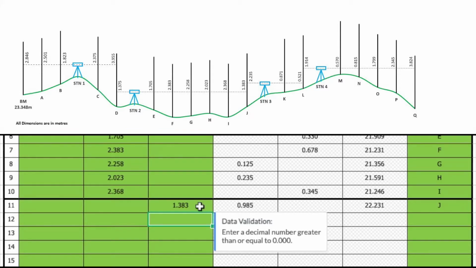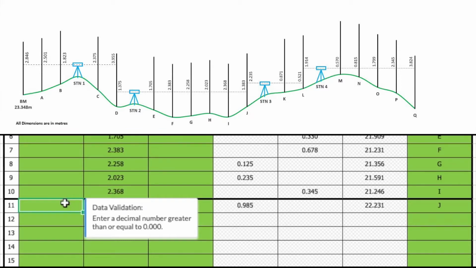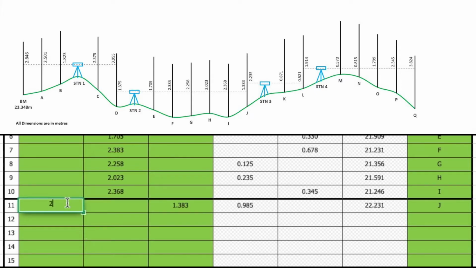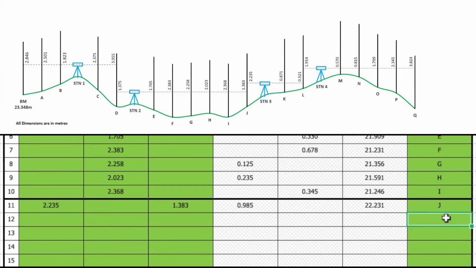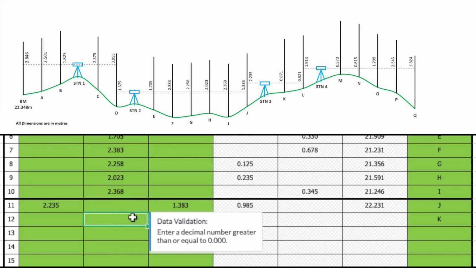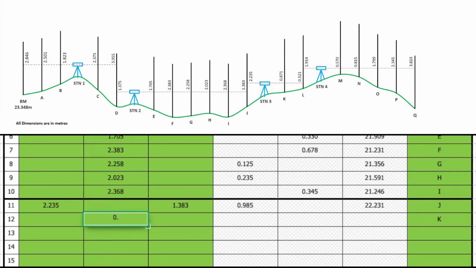First reading that is taken after the level is moved is a backsight reading, and the value is entered underneath the backsight column, 2.235. Next point, point K. This is an intermediate reading, 0.871.